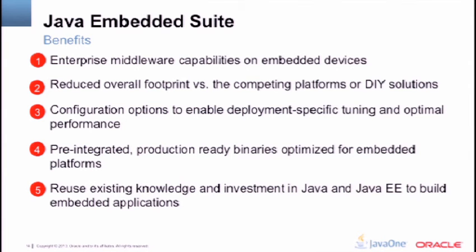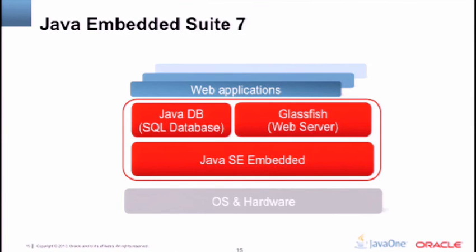And you can reuse the existing knowledge in Java and Java EE. So here's what we have today. It's called the Java Embedded Suite 7. It was our first attempt at bringing enterprise middleware onto very small footprint devices. What we basically did was take our GlassFish app server and shrink it down. We removed a whole bunch of things, like the JSP container.